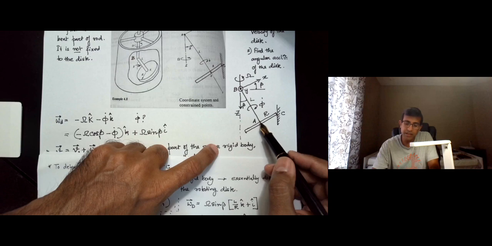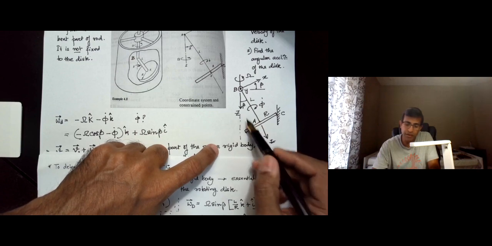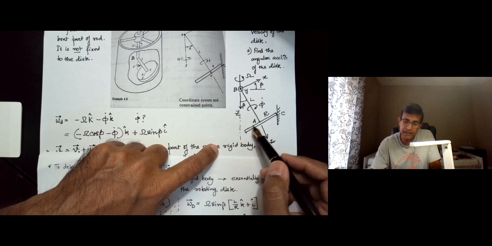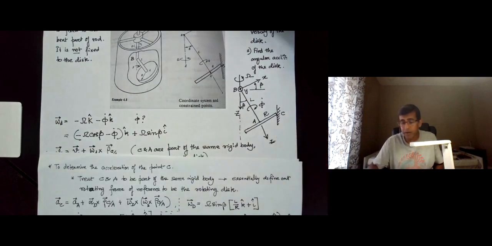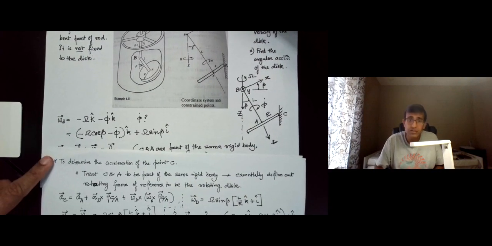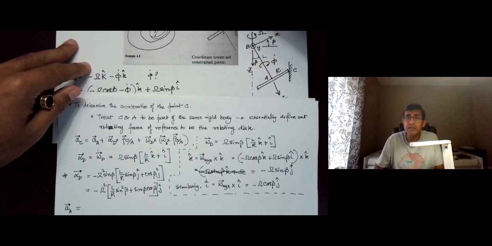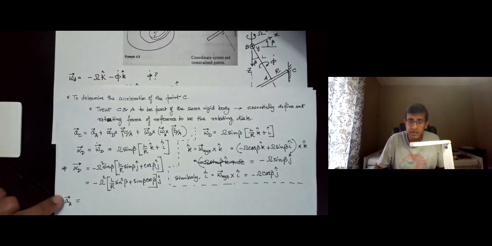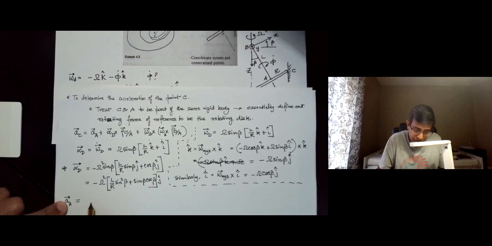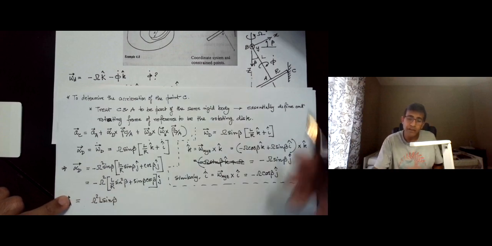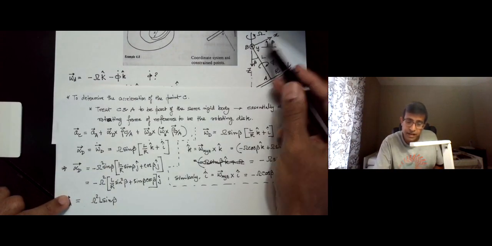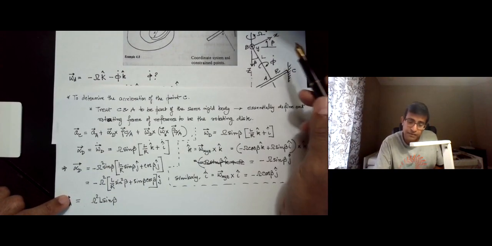So essentially the acceleration of the point A is in the horizontal direction towards this axis, and it is omega squared L. So let me just make some space here so that we can write. So it is omega squared L sine beta. Now we need to resolve it along this x, this z and y.